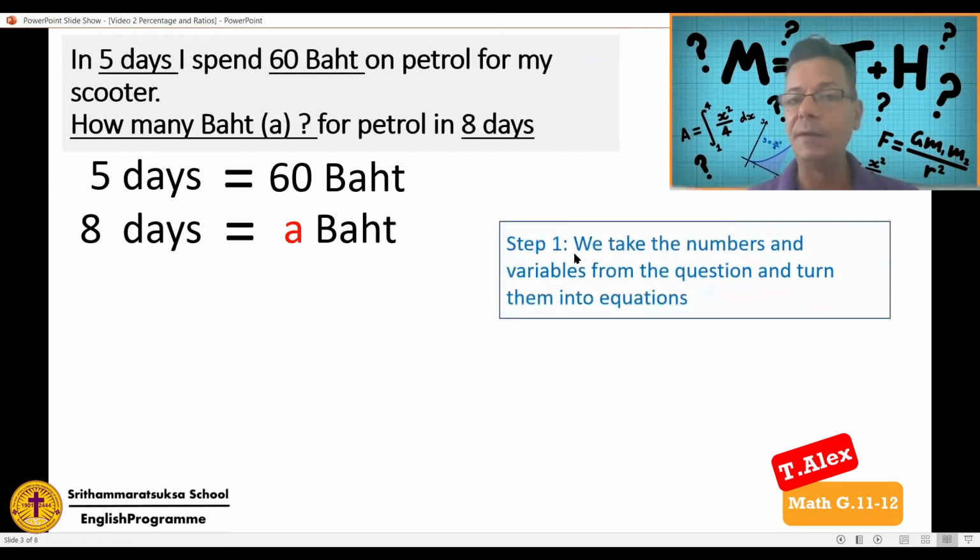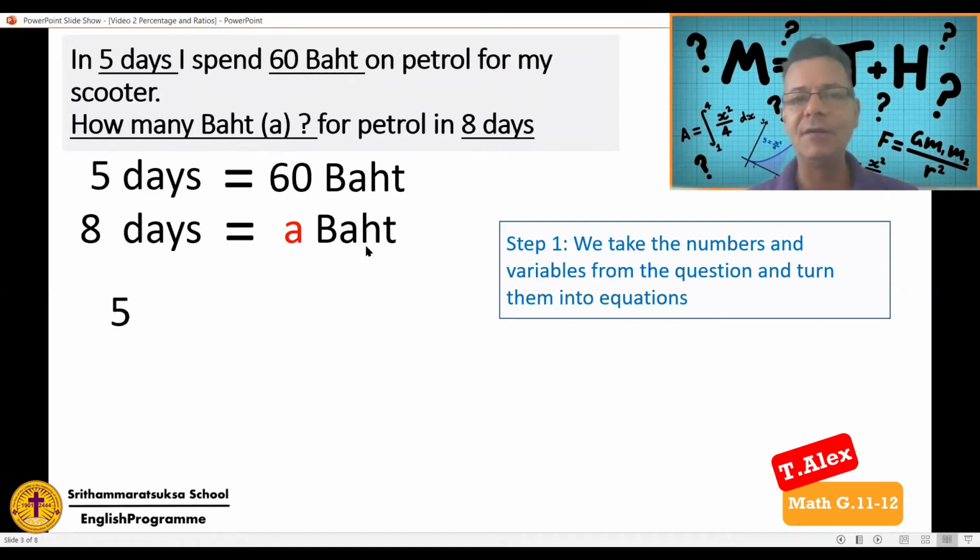Step number 1, we take the numbers and the variables from the question and turn them into equations. 5 days, 60 baht. I want to know how many baht, A, in 8 days. It is very important to keep the same variables on the same side. Here I'm going to put days, and on the right I have baht.